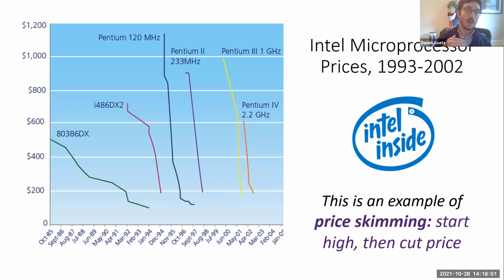The value to them of getting the chip in the future is a lot lower than the value of having it right now. So early adopters are people whose consumer perceived value decreases very quickly over time for new products. They want it early because they're impatient, and their value would drop.